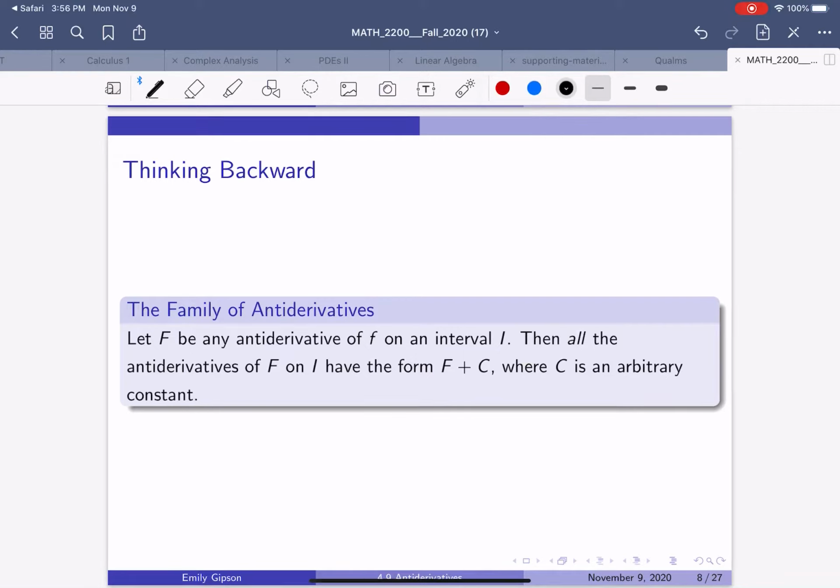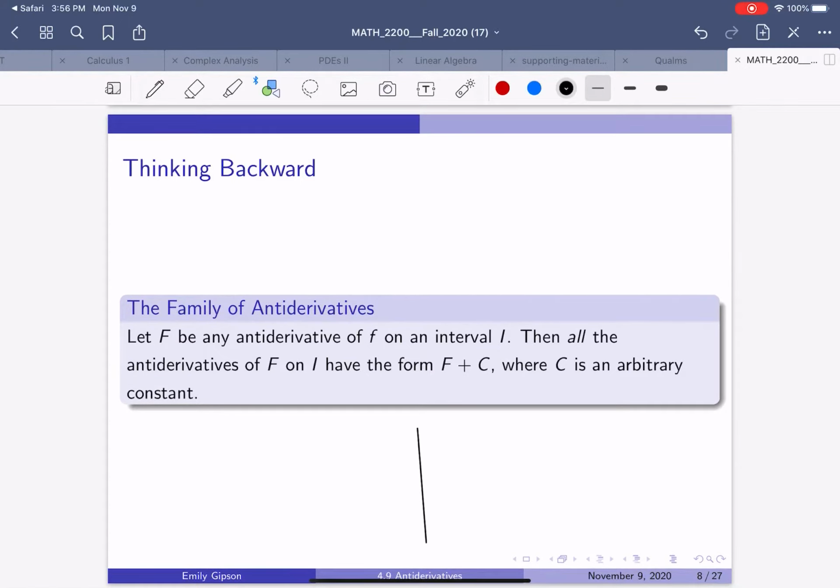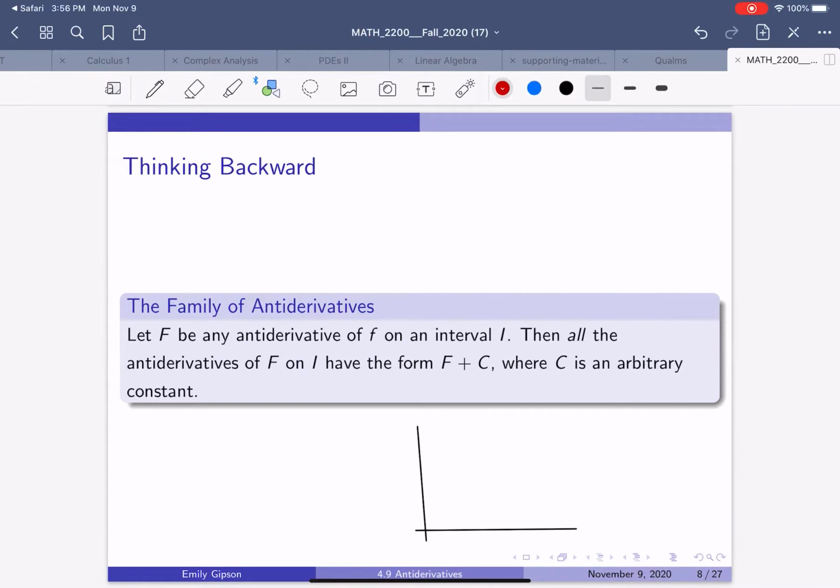It'll look something like this: if I have that one, or that one, or that one, pretend these are parallel lines, all of them have the exact same slope as one another. That is, all of them have the same tangent line, that is, all of them have the same derivative. But you can see that there are three different functions. So capital F plus c captures all of these, and it's the family of antiderivatives.